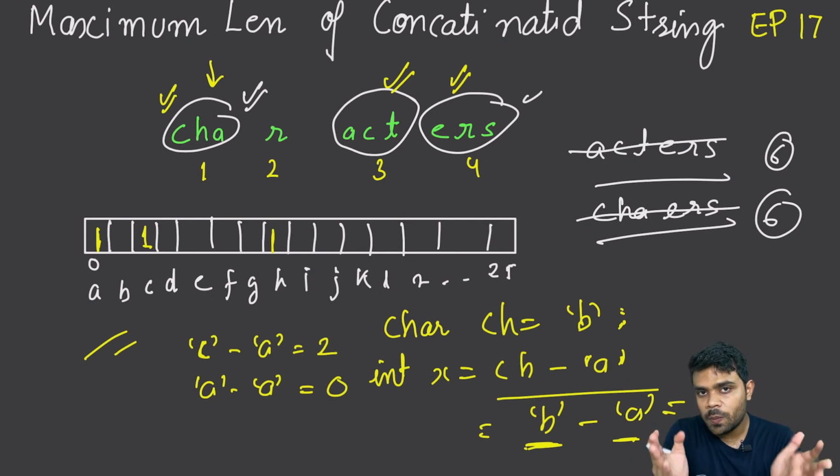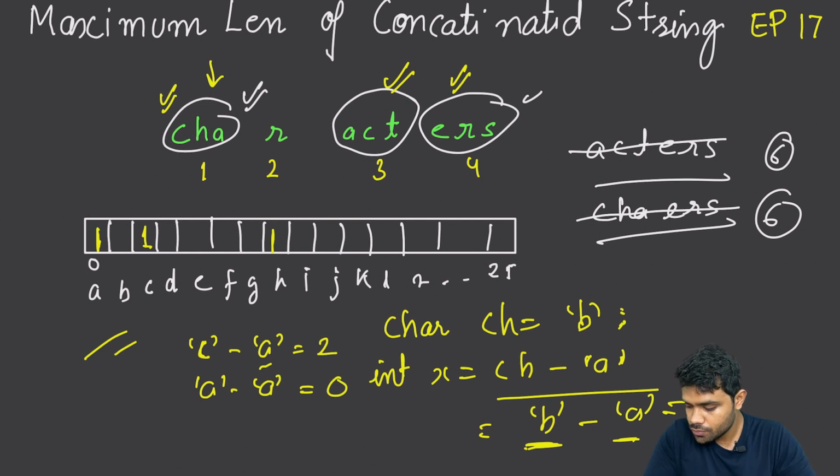So to obtain the respective index for every character, I can simply subtract the character A. Z minus A is going to give me 25. This is just the mathematical difference between the ASCII values, and A, B, C, D, E, F all appear consecutively in the ASCII table. This is just for reference. I hope many of you would know this already.